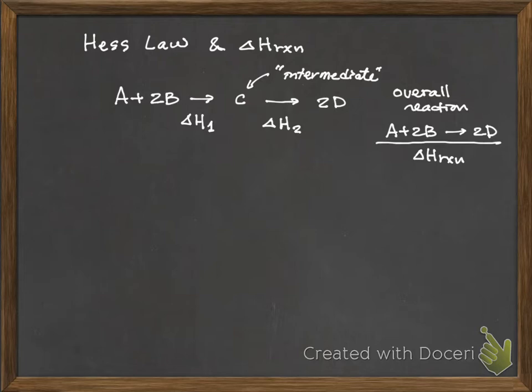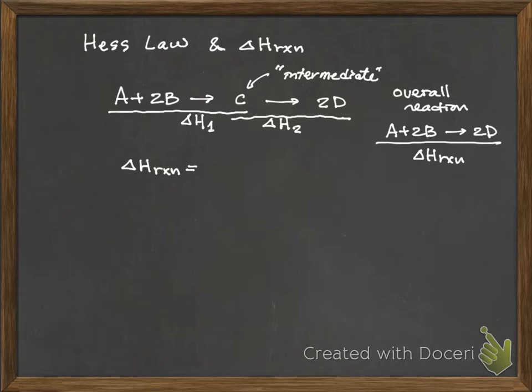But in tabulated form, the first process is well defined. The second process is well defined. Then I can usually say delta H of reaction, which is the change of the state function, final minus initial.